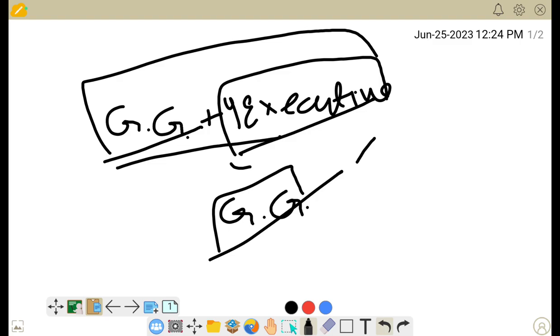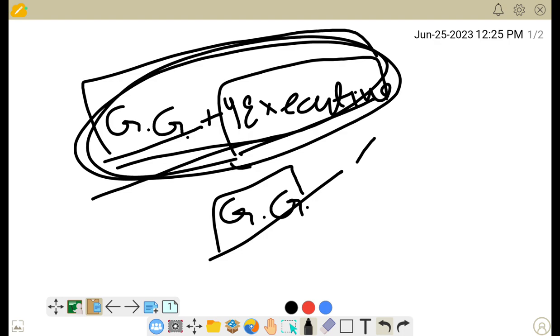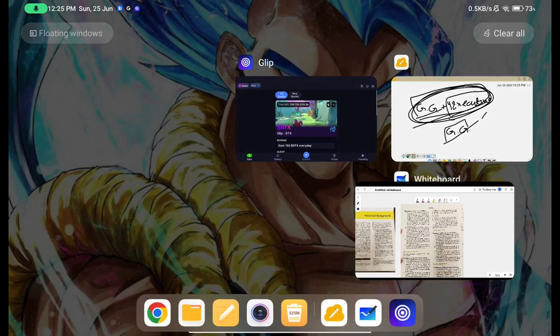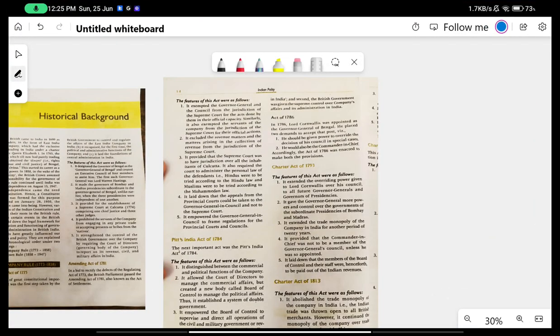The Governor General is hearing this case or forming a decision on this matter in the presence of his council, with his council, and on their advice. He is obviously not forced to take their advice, but still he is taking a collective decision. You can say that this is a collective decision by the Governor General and his council, and when this collective decision is taking place, the Governor General is referred to as Governor General in Council.